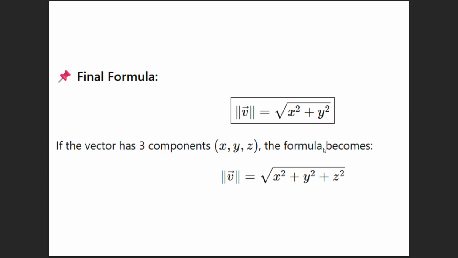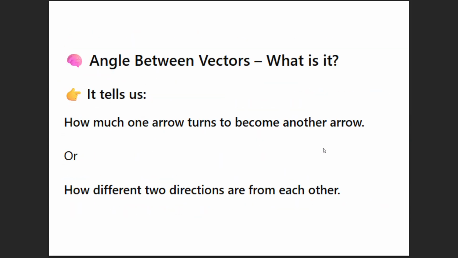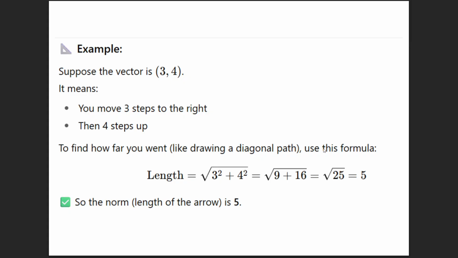So for (3, 4), x squared plus y squared is applied here, and the length is calculated like this. Now the length is 5.